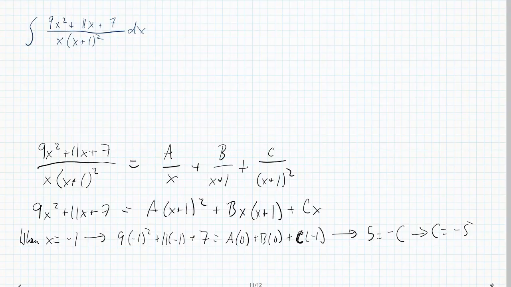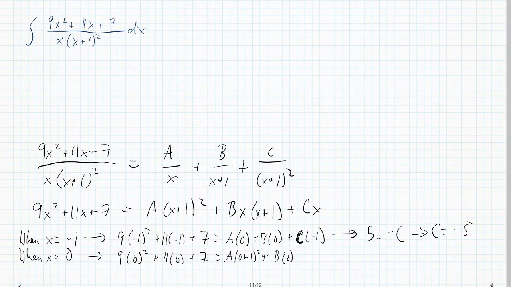The next one we can get is when x equals 0. This one will be a little bit easier. You get 9 times 0 squared, plus 11 times 0, plus 7 equals A times (0 plus 1) squared, plus B times 0, and plus C times 0.